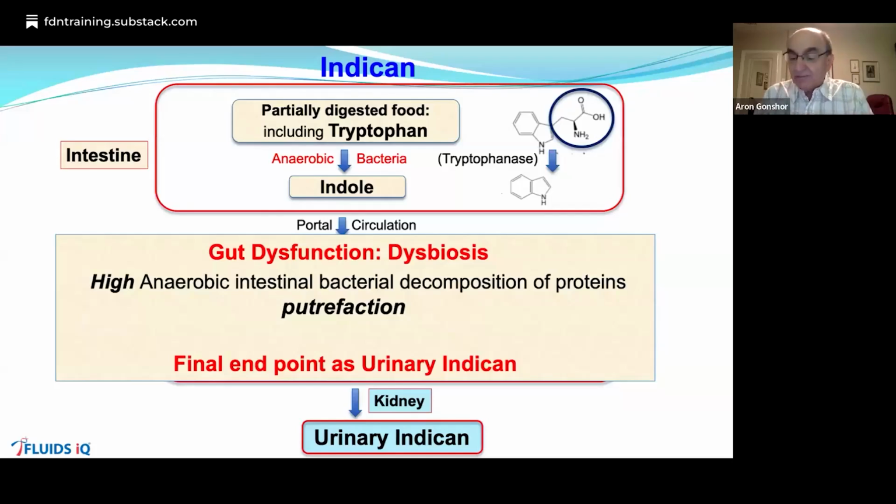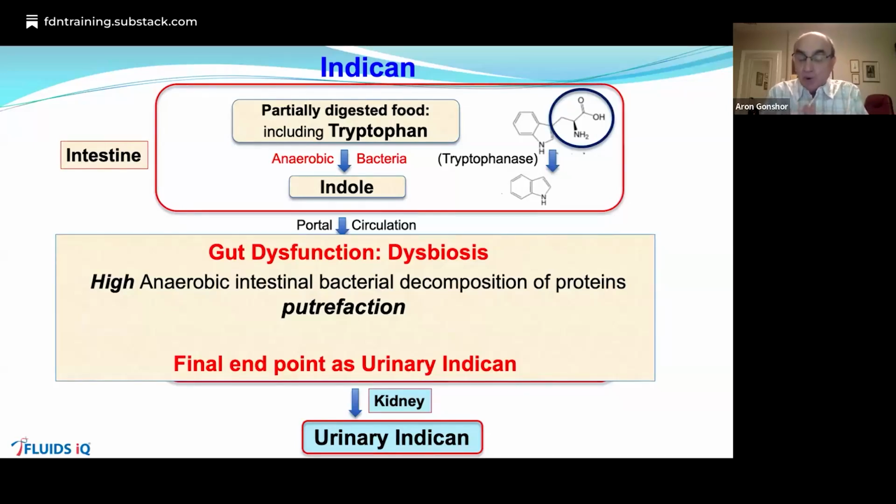And if they're not being broken down properly, you end up with what we call putrefaction. And it's almost like what it means. It's not just putrid. You are not getting a proper breakdown of the proteins to the amino acid stage.